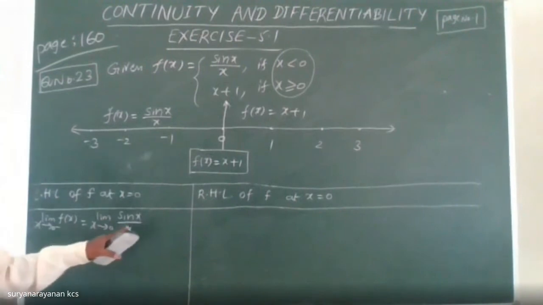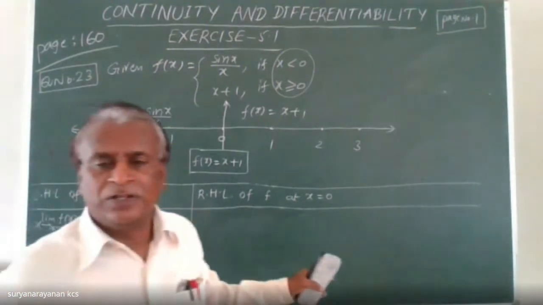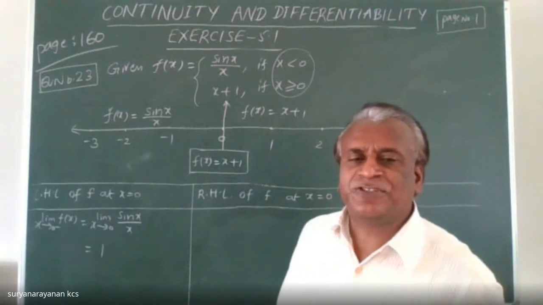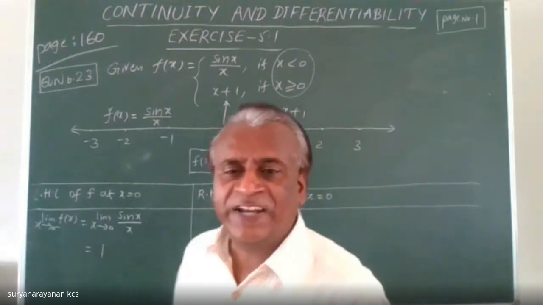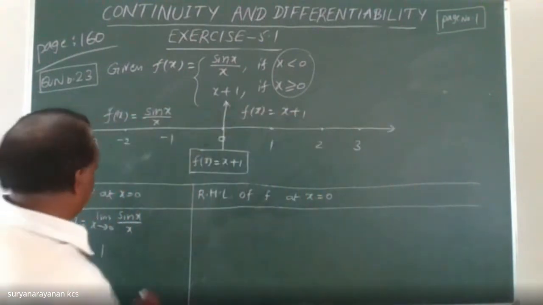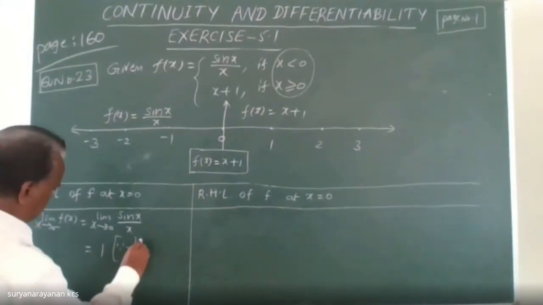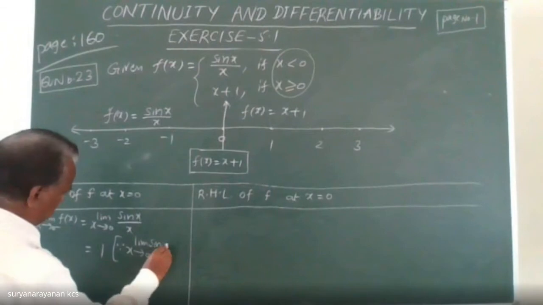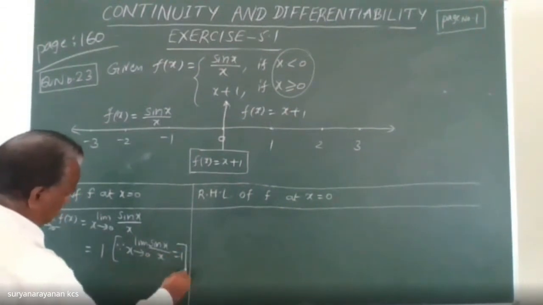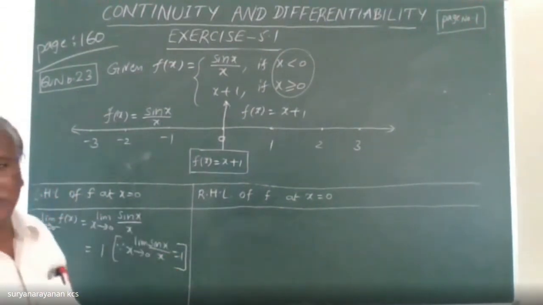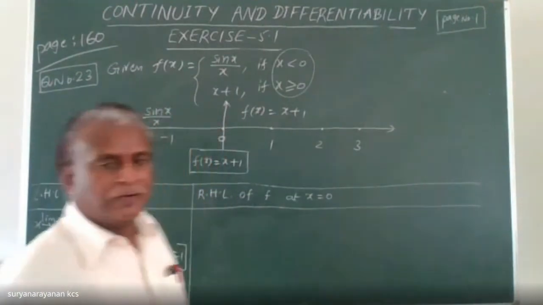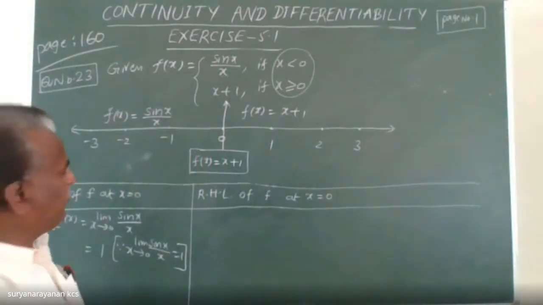We know that this is a standard limit. As x tends to 0, sin x by x is equal to 1. Here we are not using direct substitution, but the standard limits formula.